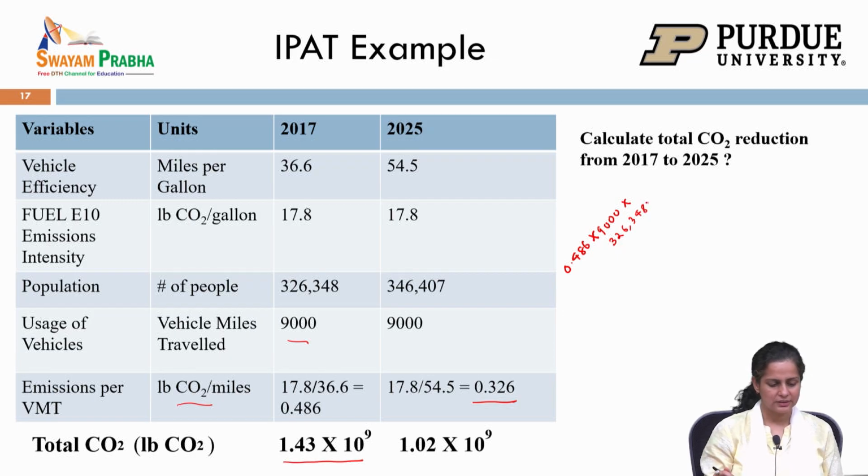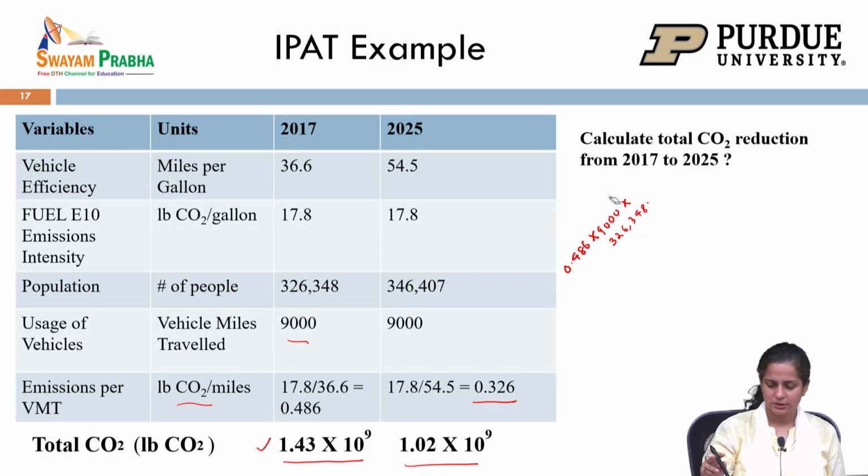So in this case, we are getting 1.43 into 10 to the power 9 for your total LbCO2, and in 2025 we are getting 1.02 into 10 to the power 9.